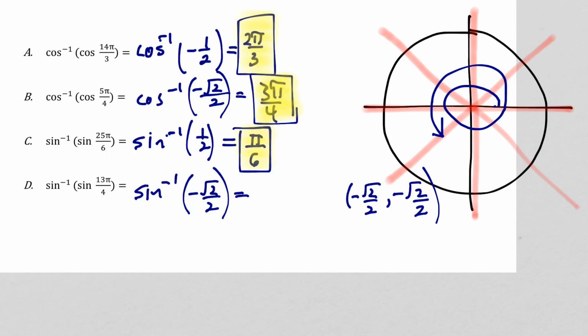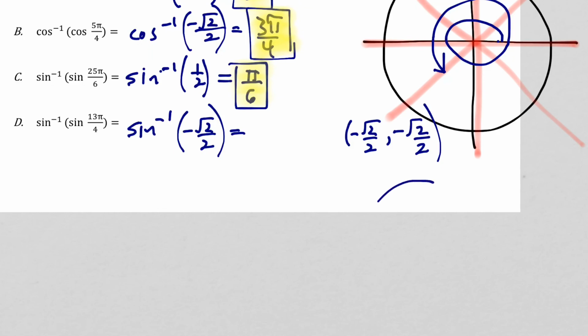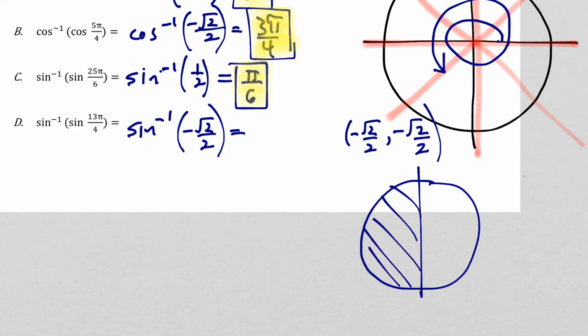Now let's look at where we can be. If you're evaluating an inverse sine, I can't be over here. I've got to be between negative pi over 2 and pi over 2, so I'm on that side. On that side of the circle, if I'm looking for a negative sine, I've got to be here at that 45-degree line.